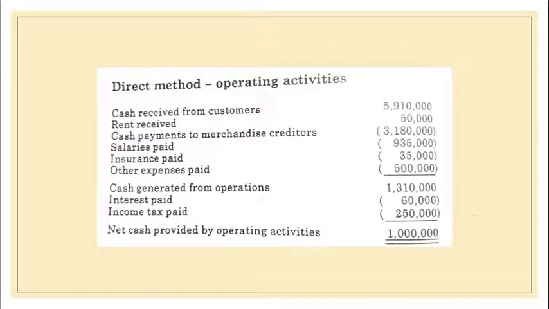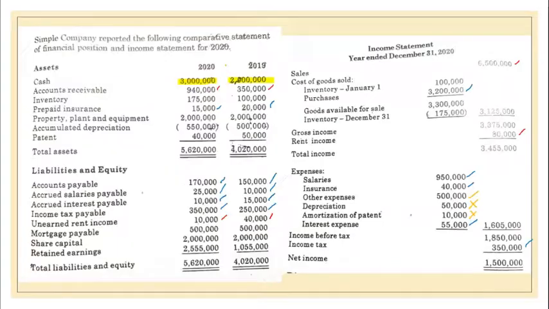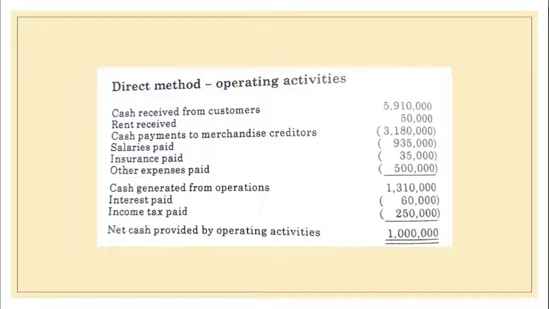So, if we tie everything together, we have here cash received from customers, 5,910 plus 50, then less your cash disbursements. So, you have cash generated from operations, and then you have your interest paid and income tax paid. So, you have net cash provided by operating activities, which is 1 million. Given that only operating activities happened for that year.